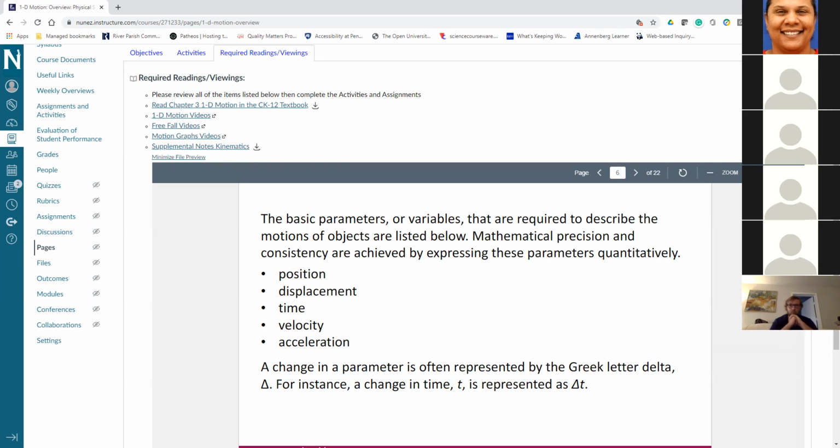Time, how long is it taking the object to go from one place to another? We can measure that. And velocity and acceleration. And then there are other properties as well, speed and distance. Those are also properties that we can measure that help us to kinematically explain the motion of our object.